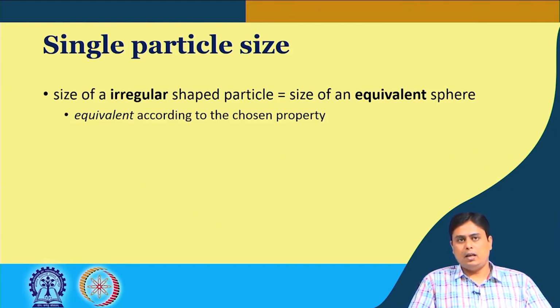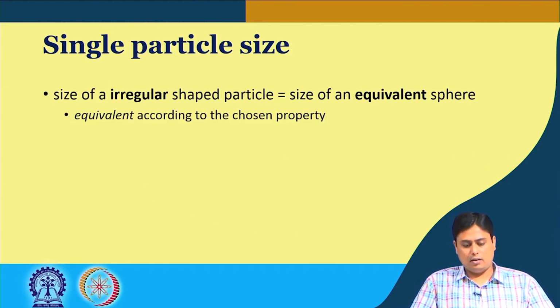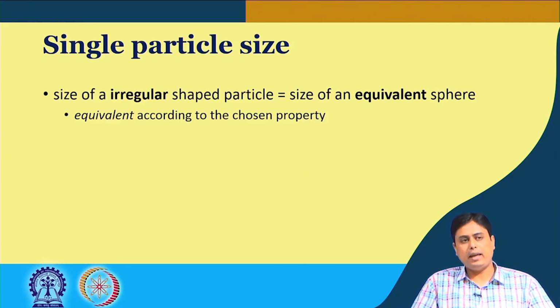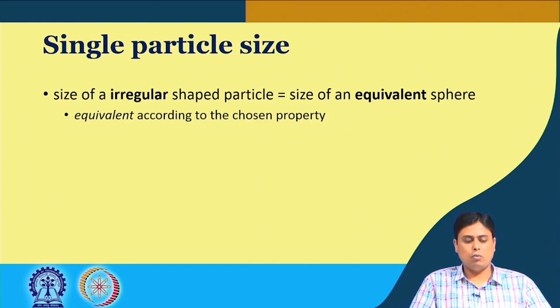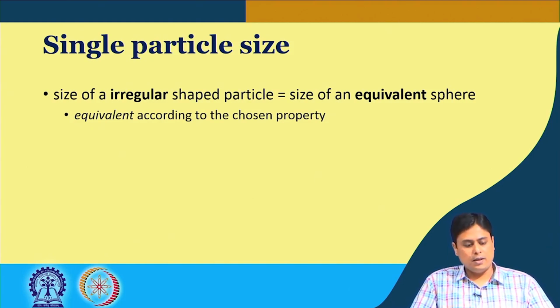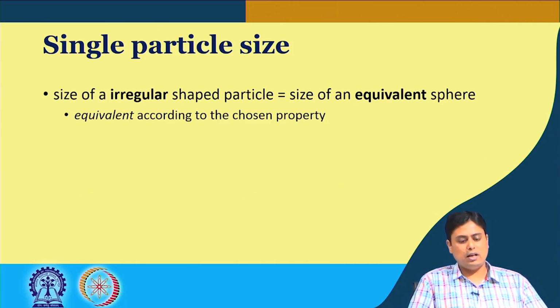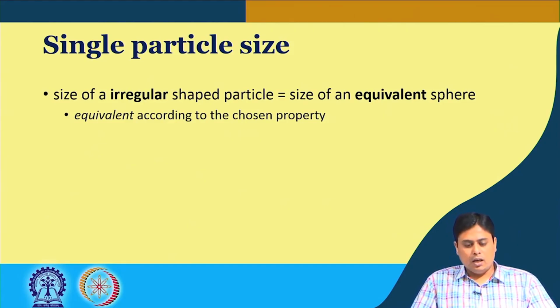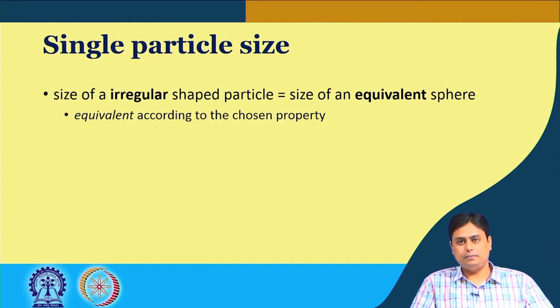In the regular case, we have understood that it can be defined very easily by any of these dimensions: in case of a cuboid 3 dimensions, in case of a sphere the diameter, in case of a cylinder the radius and the height. But in case of irregular shaped particles, what has conventionally been done is that the size of irregular shaped particles has been equated with the size of an equivalent sphere. Now, what is the equivalent sphere?